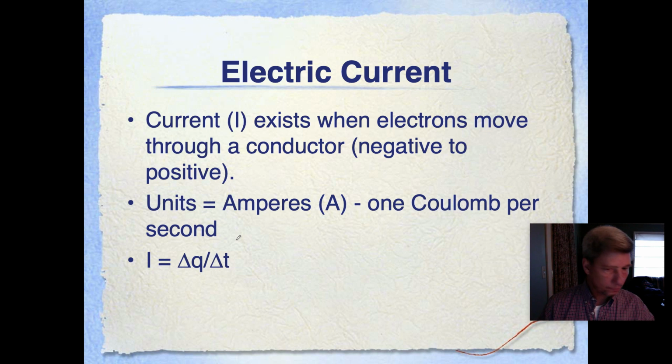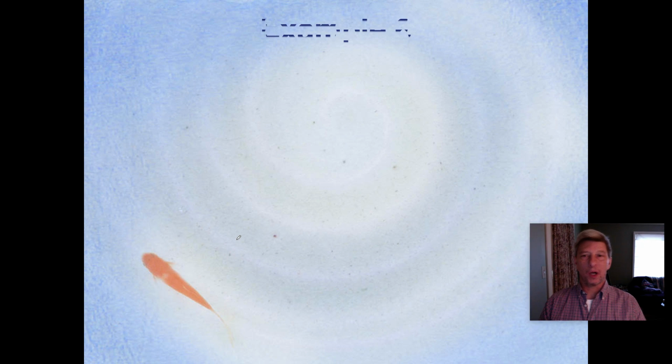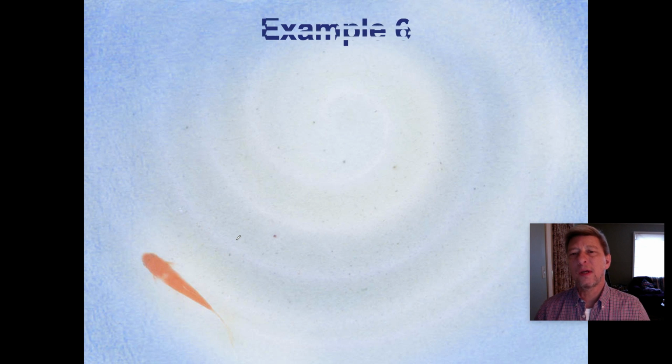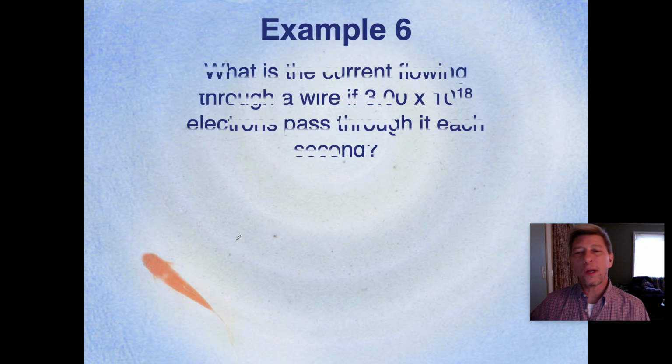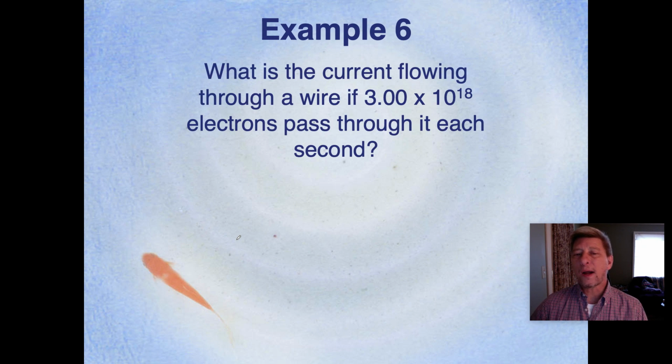Anyway, moving along. Example number 6. So let's use this formula that we talked about in the previous slide. We'll start with this question. What is the current flowing through a wire if 3.00 times 10 to the 18th electrons pass through it each second? Now, we're looking for current.